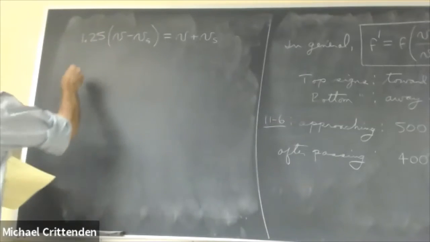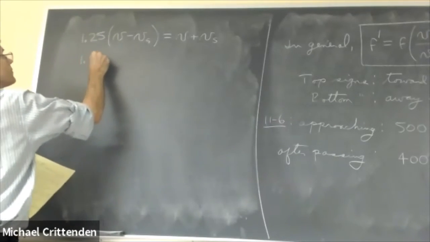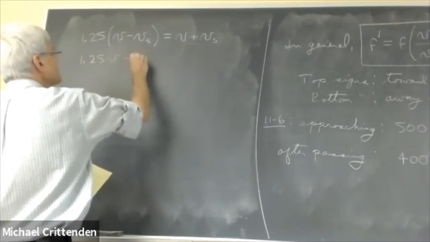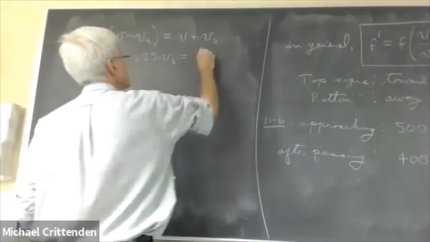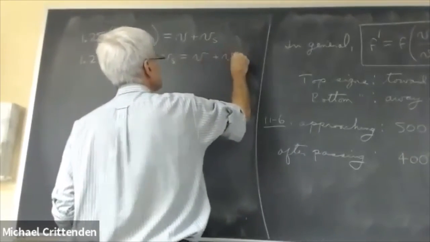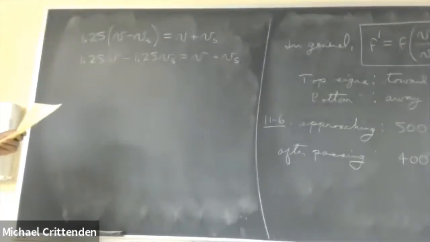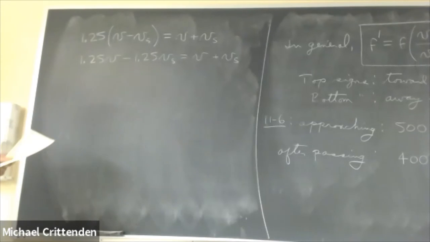Distribute the 1.25. And then rearrange it so that the like terms are together.